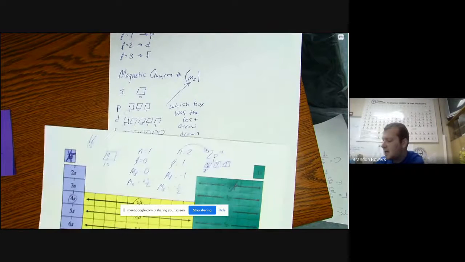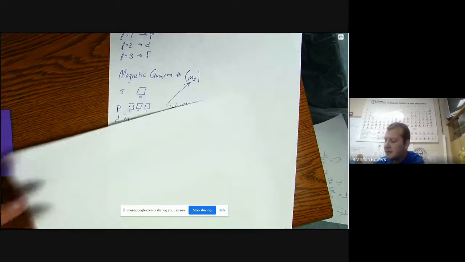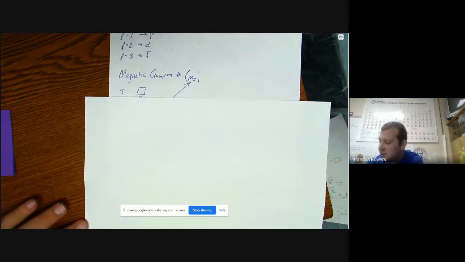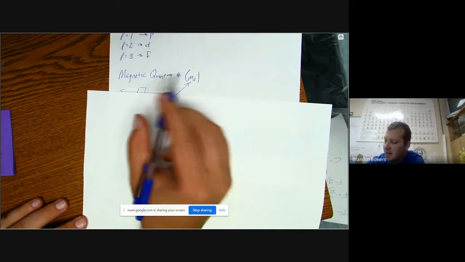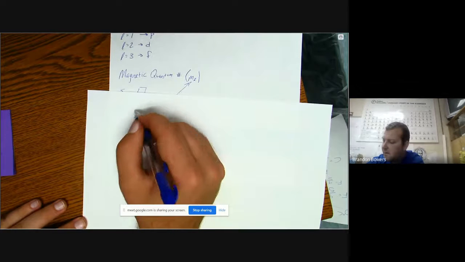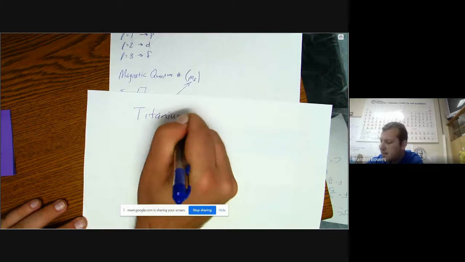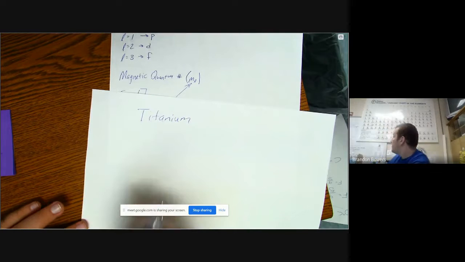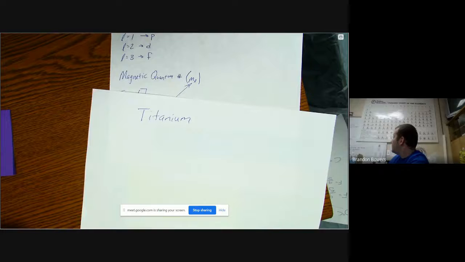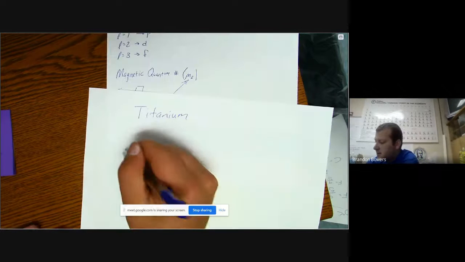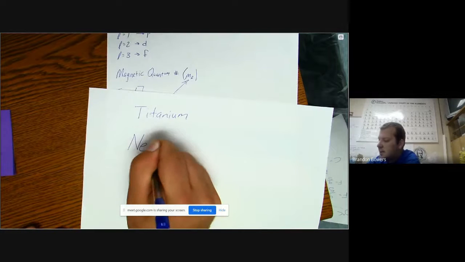So I want you to try 2 problems out. I'm not collecting this, but I want you to write the quantum numbers for titanium, and I want you to write the quantum numbers for neon.